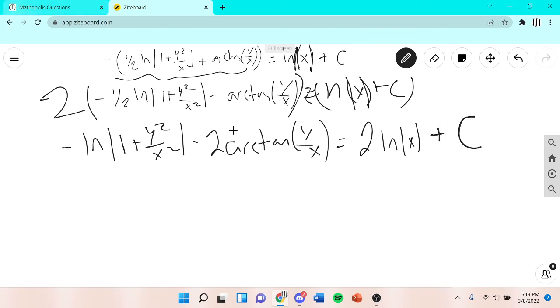However, remember, 2 ln of x is the same thing as ln of x squared, so let me just change this to ln of x squared.